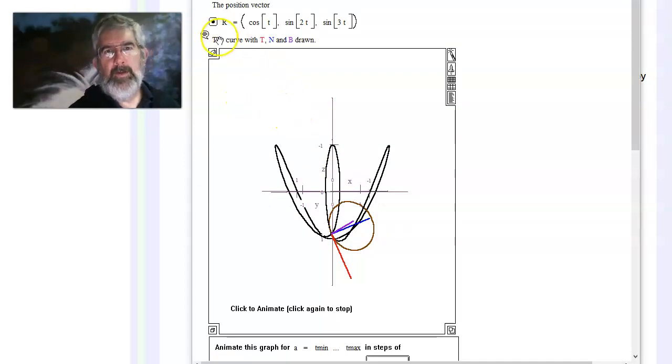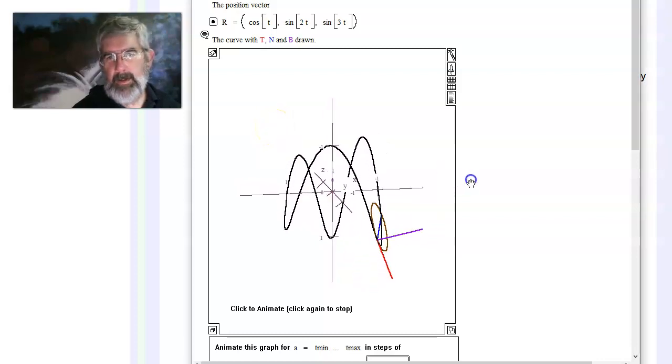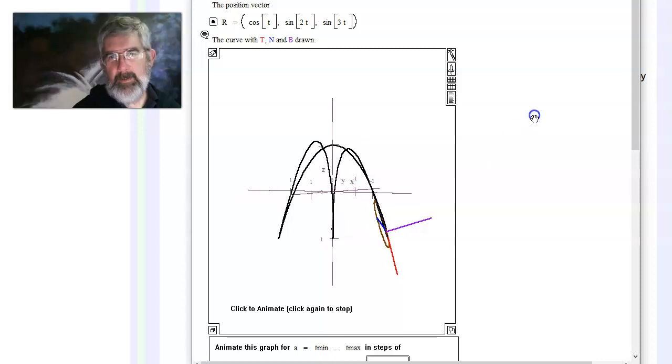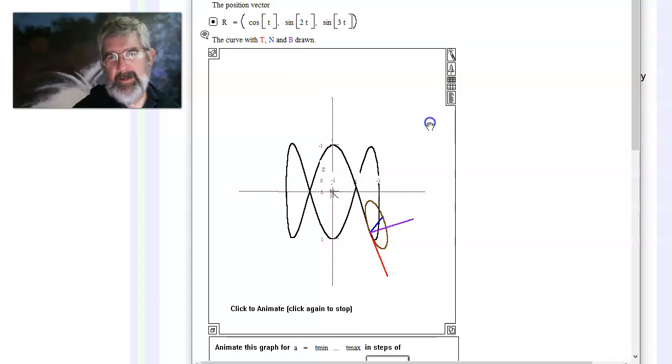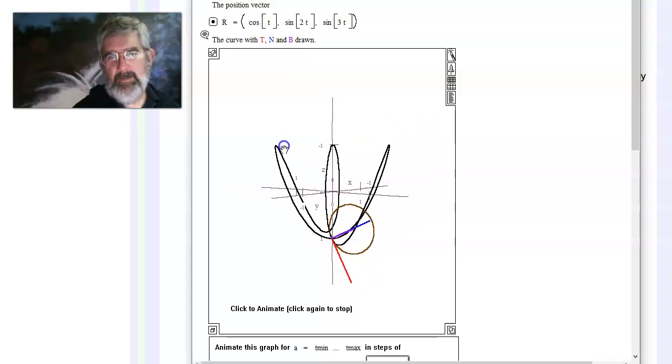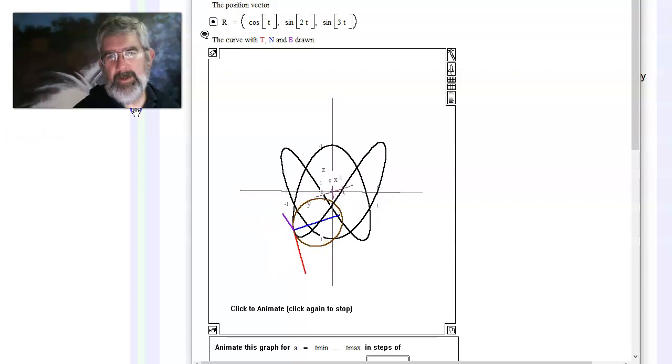Now I want to show you an example in 3D. Here I have an example where my curve is cos t, sine 3t, so x, y, and z are those. It's the black curve that you see here. I would call it a Lissajous curve. It just kind of goes back and forth, vibrating in the x direction, the y direction and the z direction.